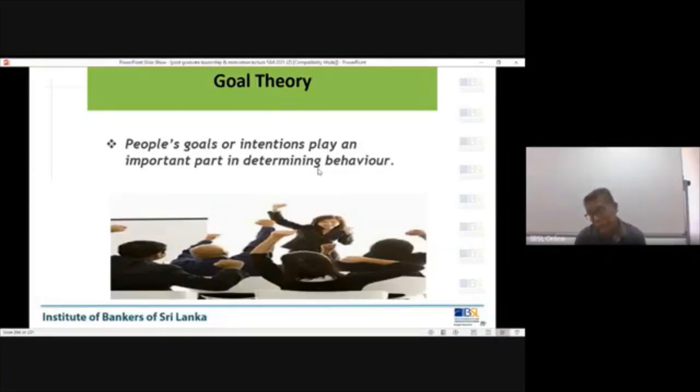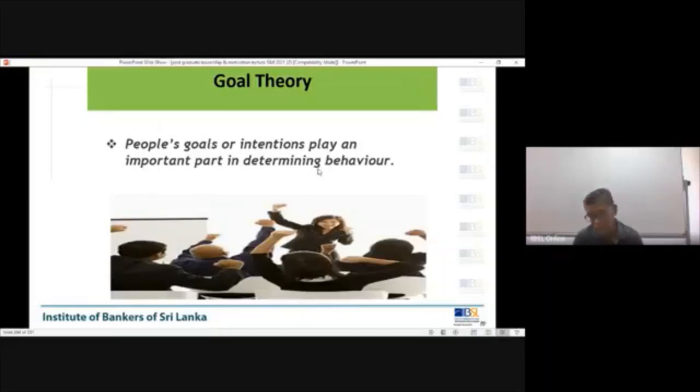Now, if we clearly mention the targets which are agreed by both parties, with the management and the employee, when you're setting targets, they should be challenging as well as achievable. That's the important thing. The moment you set targets that are challenging but unrealistic, unachievable, there won't be motivation, right?